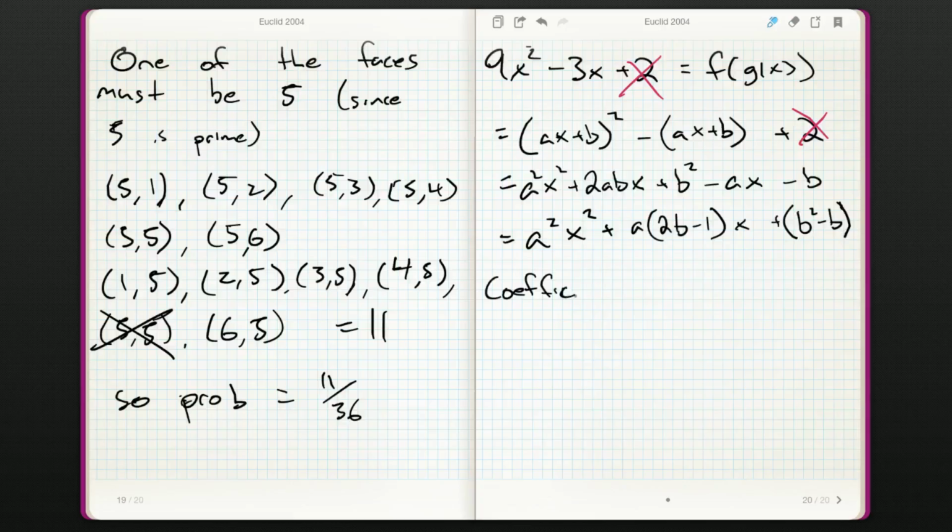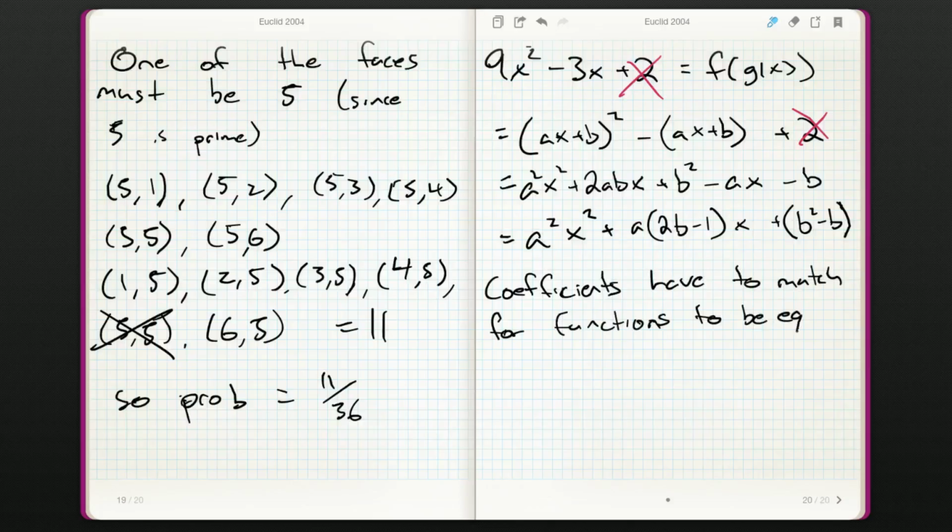So the coefficients have to match for the functions to be equal. So 9 is going to be the same as the x squared coefficient, a squared. That limits what a can be.